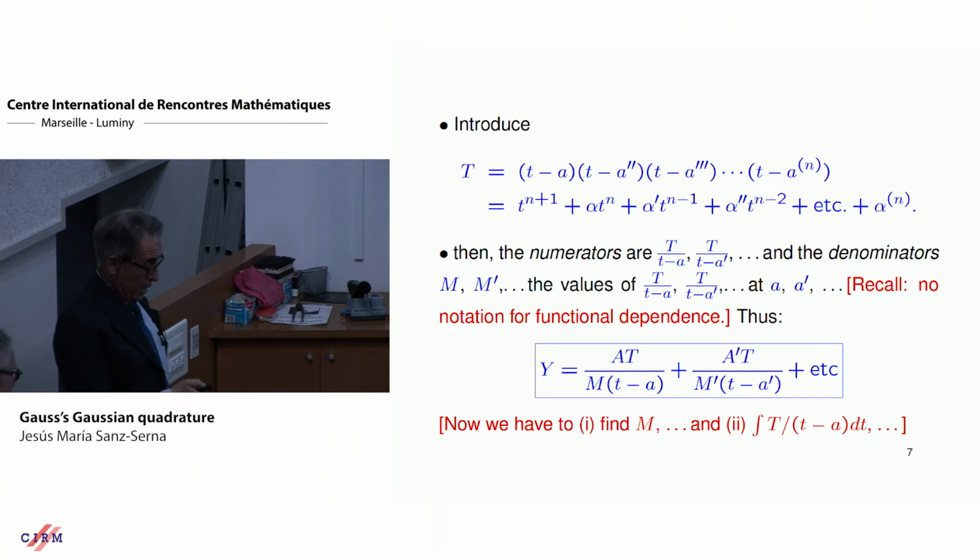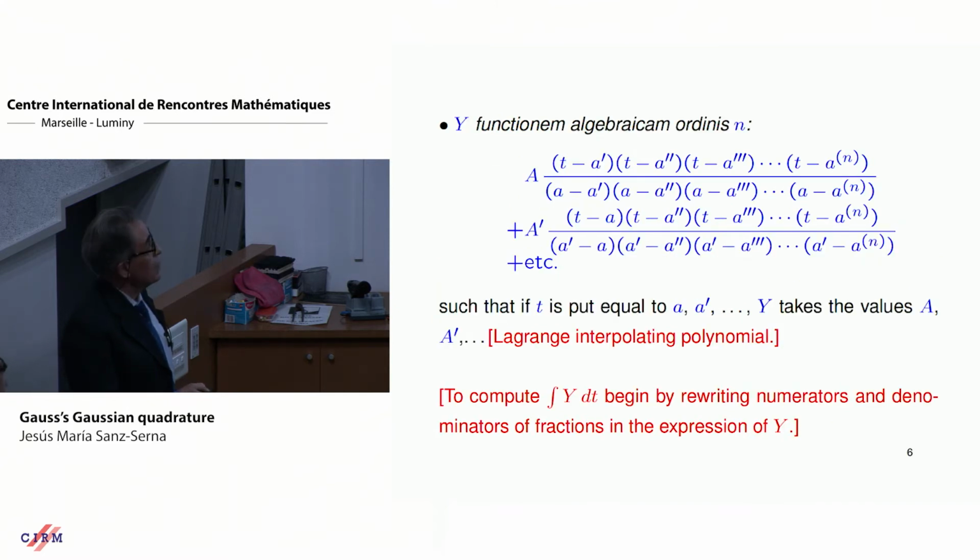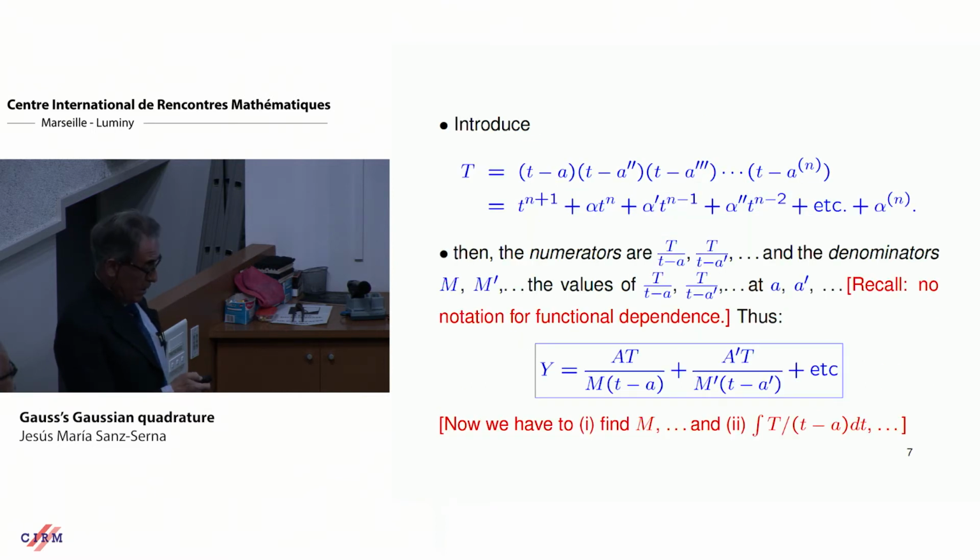And having introduced this T, of course, we see now that the numerators are just the result of dividing this polynomial T by t minus a, t minus a prime, and so on. And then, of course, the factors in the denominator, m prime, are the values of the numerator at the abscissas. So with this polynomial T, the interpolating polynomial becomes like this.